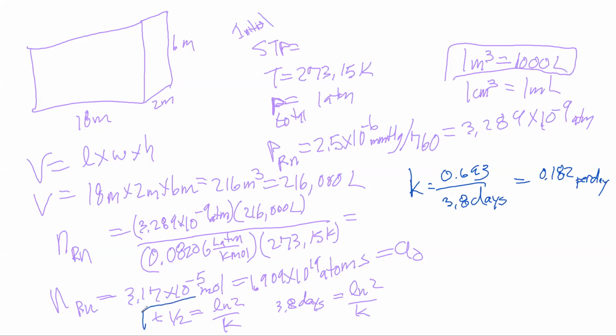The important part to remember is that for our radioactive one, we're first order. So if we want to figure out A_t, the ln of A_t is equal to negative K times the time plus the ln of A naught.